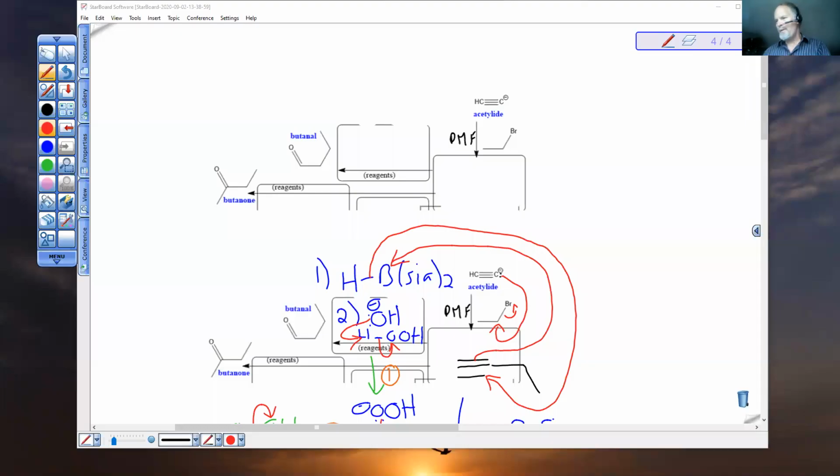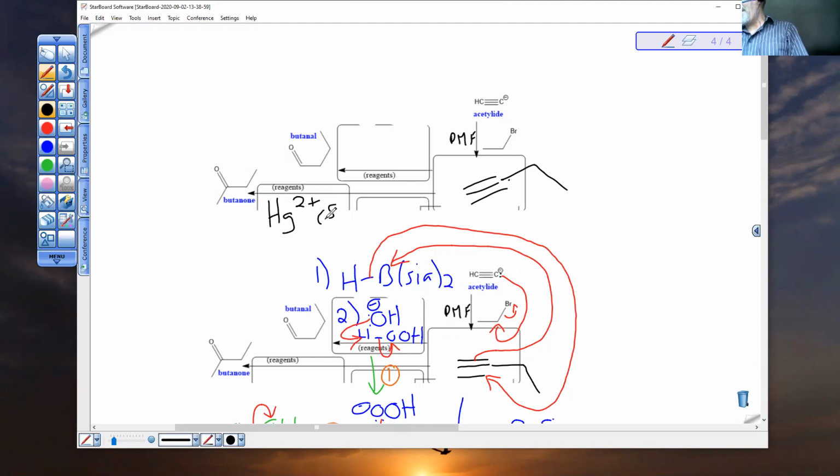We're going to do the reaction that took our alkyne, which was right here, and reacted it with Hg2 plus with a sulfate ion.